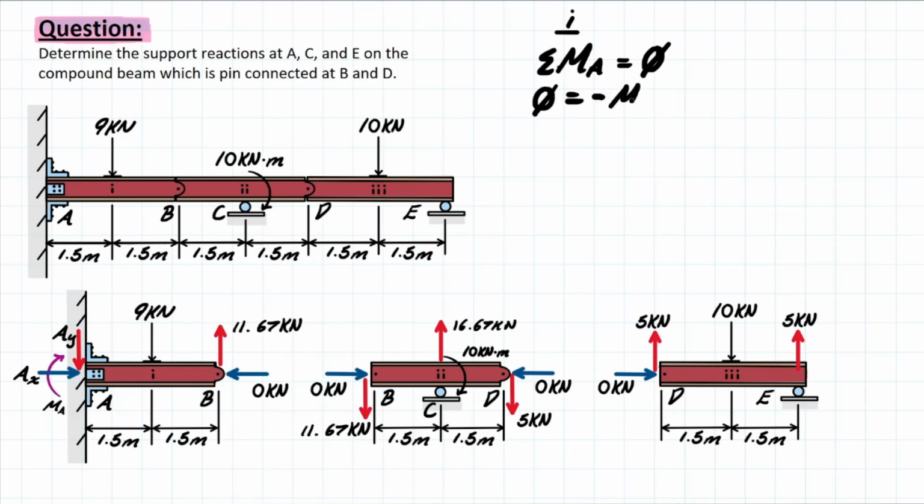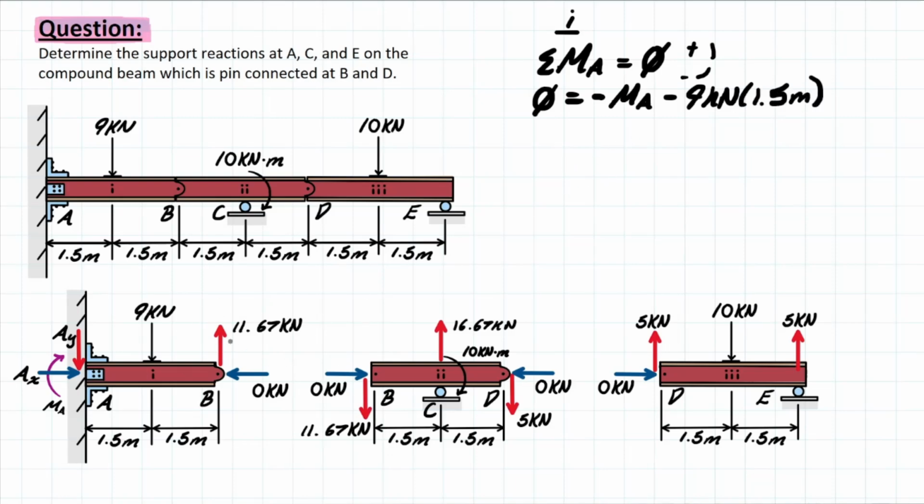We have to first consider the moment at A being produced. Since it's a fixed support, it is drawn in the clockwise direction, meaning that it's going to be negative based on our convention. Moving along, you have the external 9 kilonewton force, which is also creating that clockwise rotation. That is 1.5 meters away.